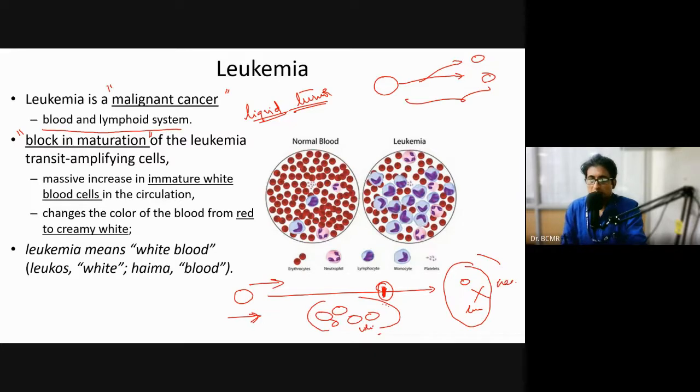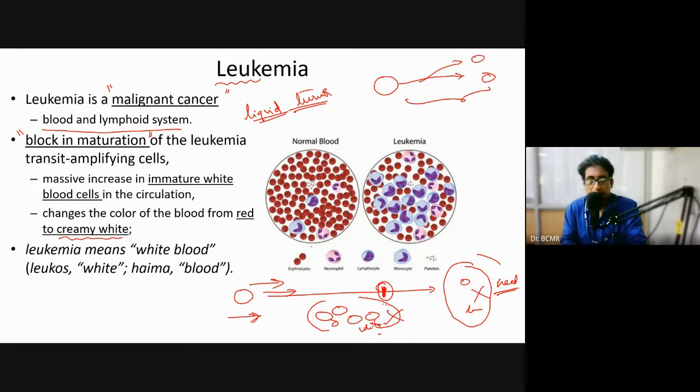The need is still there because these are actually not functional. So then the stem cell tries to compensate and keeps on producing more and more. And these are white cells, and that's where the term leukemia, leuke, is about white. The color is between somewhere red to creamy white, so white blood.